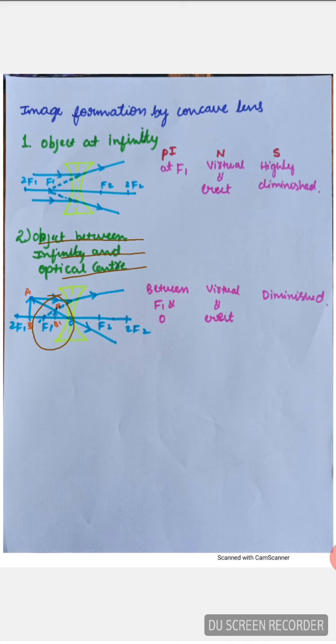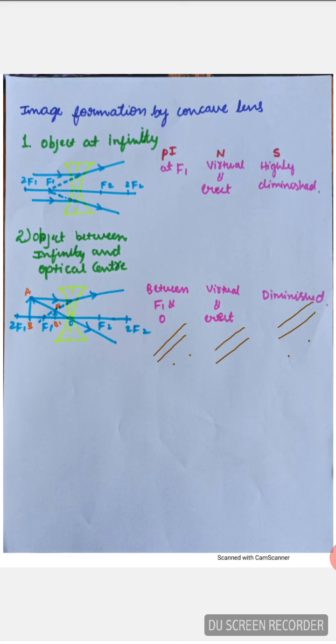Since the rays are appearing to meet, we can call it a virtual image. Since it is virtual, we can call it erect. So in the case of object placed between infinity and optical center, the image will be obtained between f1 and optical center. The nature of the image will be virtual and erect, and size is diminished.